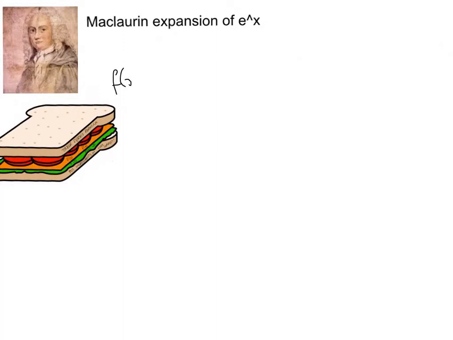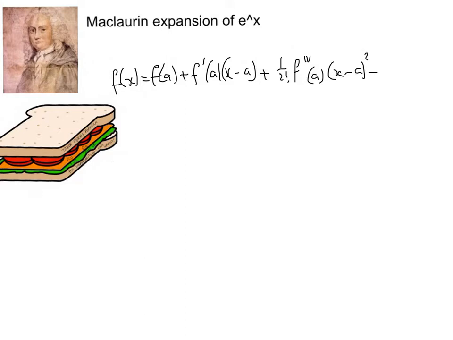So f of x is f of a plus f primed of a, x minus a, plus 1 over 2 factorial, f double primed of a, oh it looks like a triple prime, sorry it's not, it's a double prime, x minus a squared, plus 1 over 3 factorial, f triple primed at the point a, x minus a cubed.